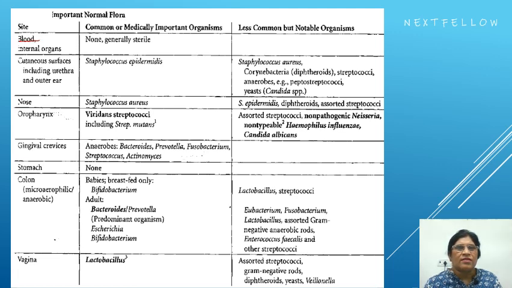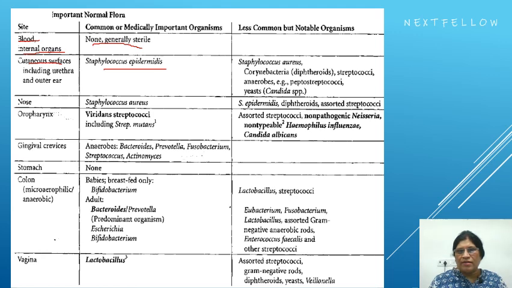So, this is blood and internal organs. Now, the most common and medically important organisms are none. Remember that blood and internal organs are sterile. Even urine is sterile. The question can be asked. Now, the cutaneous surfaces usually have Staphylococcus epidermidis on them.